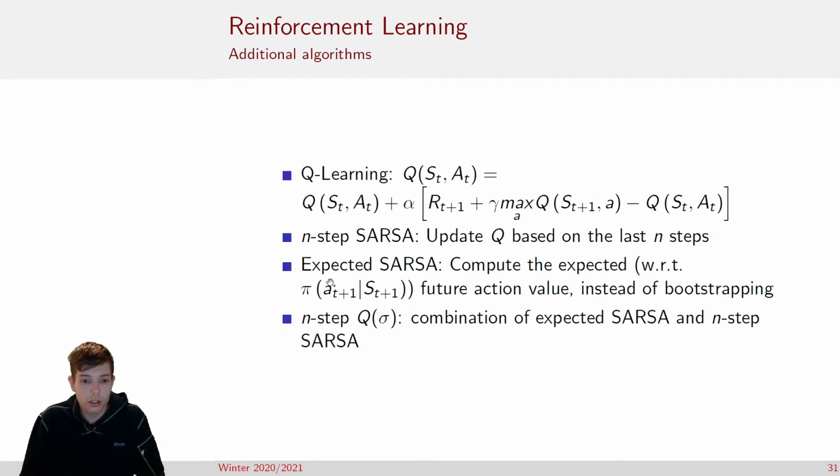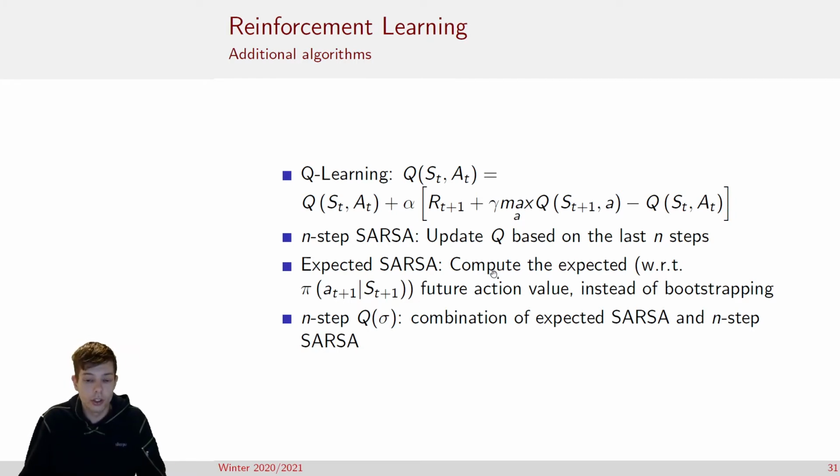We can also, instead of using the future bootstrapped action value, because when choosing a future action, we only look at one possible action, compute the expectation of tomorrow's action value function with respect to the policy of the state we are in tomorrow.